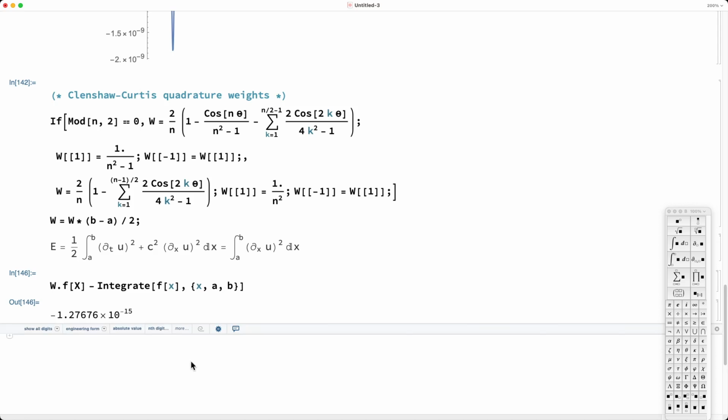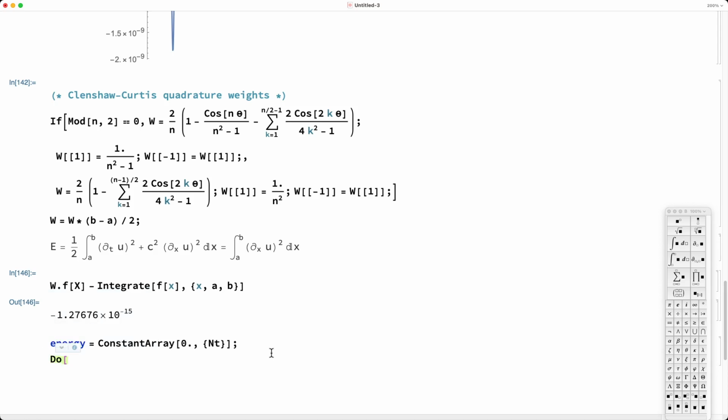Okay, so now let's calculate the energy. We have to do that at each time step. So I'm going to store the energy inside a vector. It's going to have nt components, and initially we set it to 0. And then I can use a Do loop. So I can say Do, and then energy with an index it.